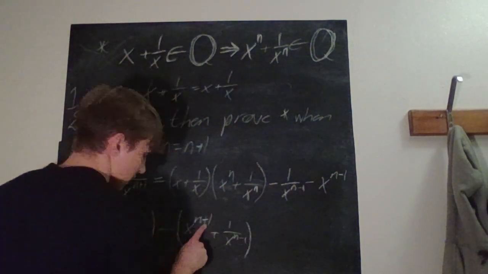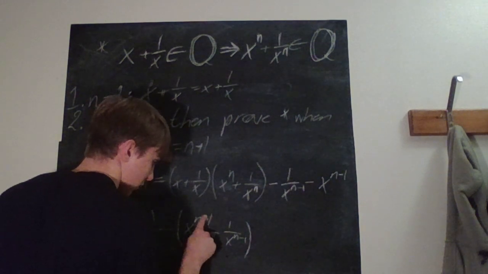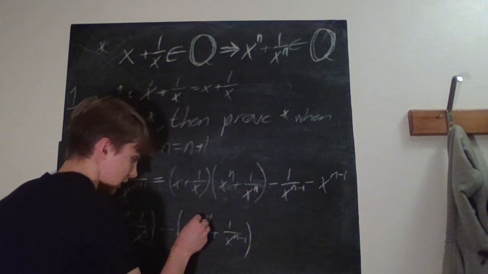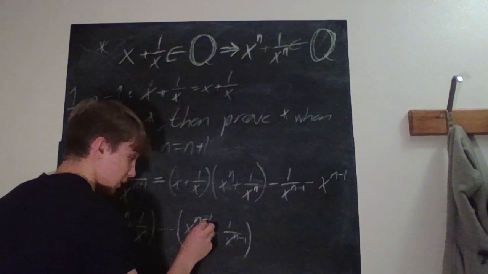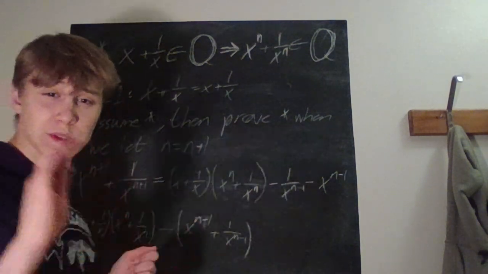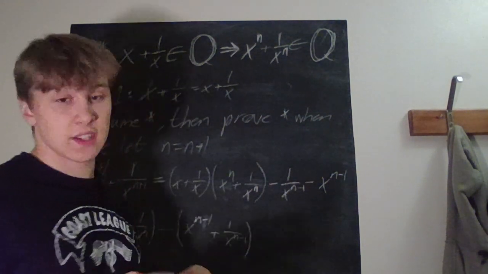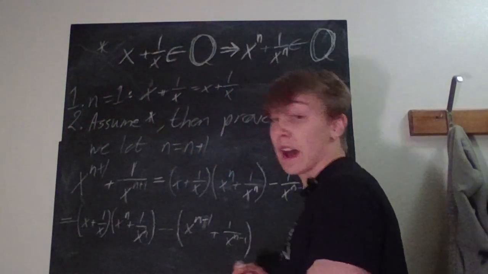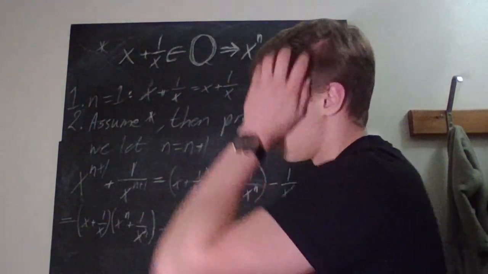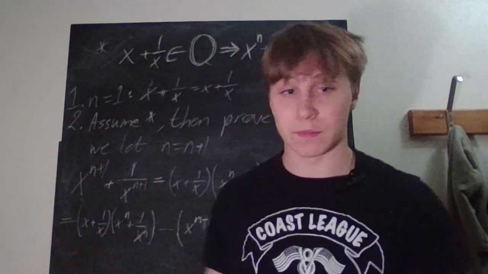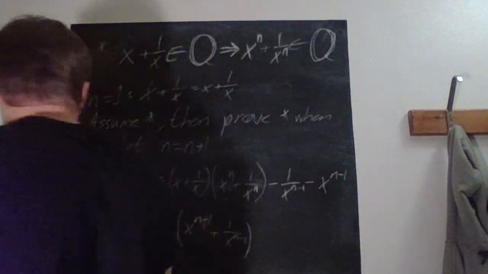Essentially this problem is very easy intuitively, but it might be a bit difficult to write down. Since I'm not writing down everything very explicitly, I'm more trying to tell you the theory behind it.